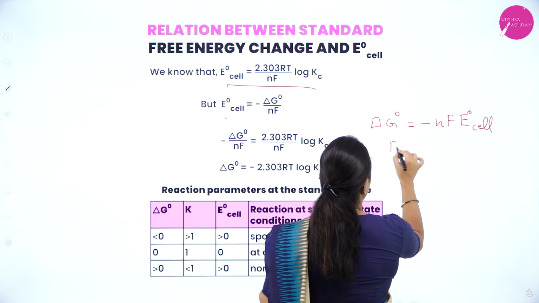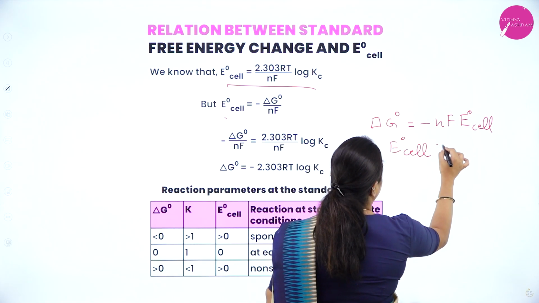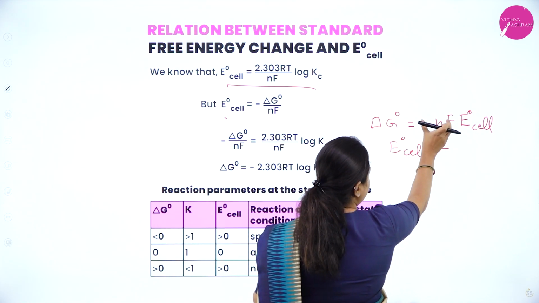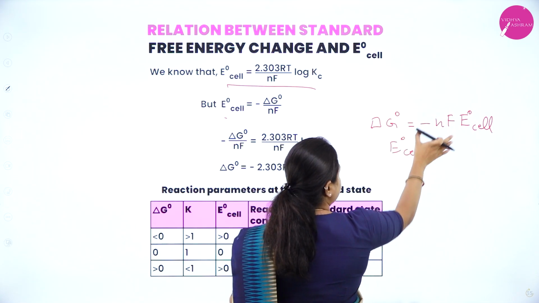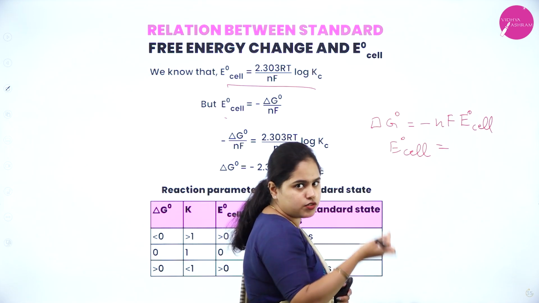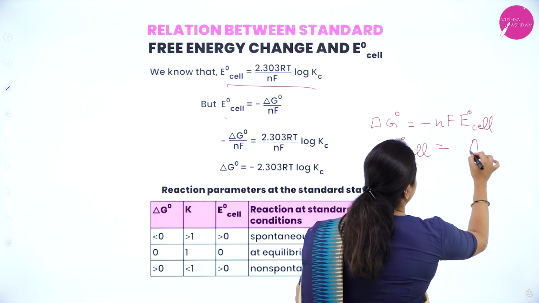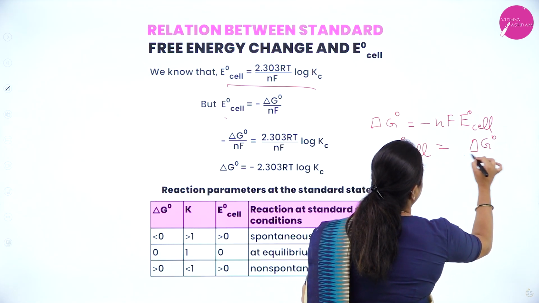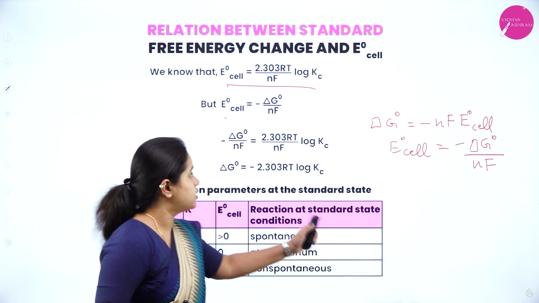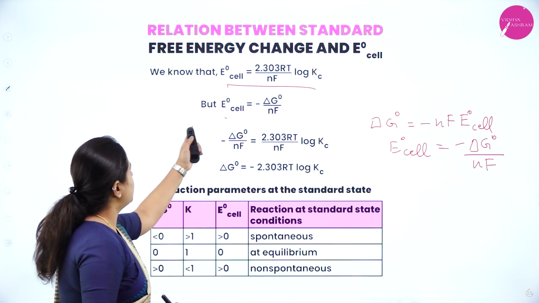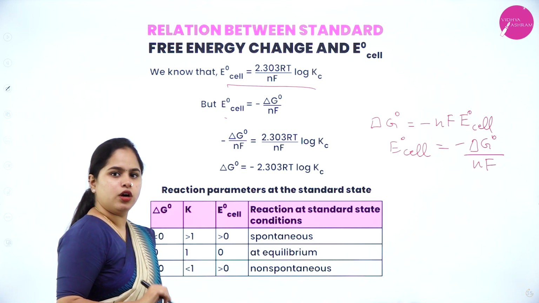So I am keeping the E naught cell there itself. E naught cell will be equal to, if I am keeping this here, this minus NF comes to the denominator. Here it was in the numerator. When it comes to the other side of the equation, it will come in the denominator, right? So it will be delta G naught by NF. And this negative sign also will be there. So this is how I obtained this equation. E naught cell is equal to minus delta G naught by NF.